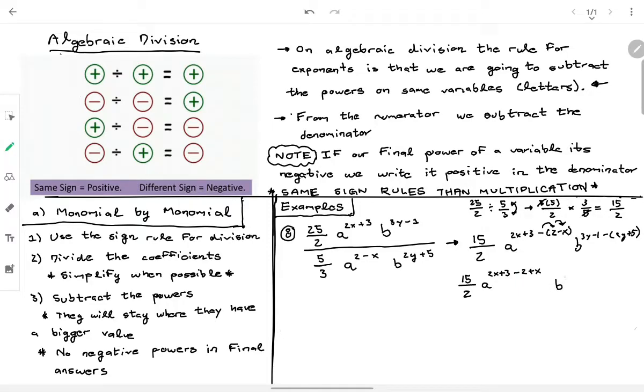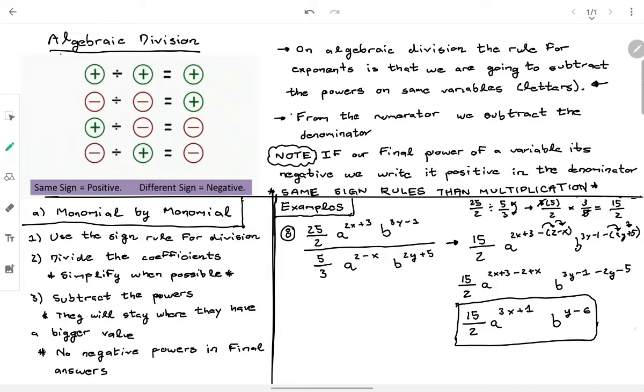Then it's going to be b to the 3y minus 1, then minus 2y minus 5. So it's going to be 15 halves of a to the 3x plus 1, and b is going to be to the y minus 6. And this is going to be our final and simplified answer: 15 halves of a to the 3x plus 1, b to the y minus 6.